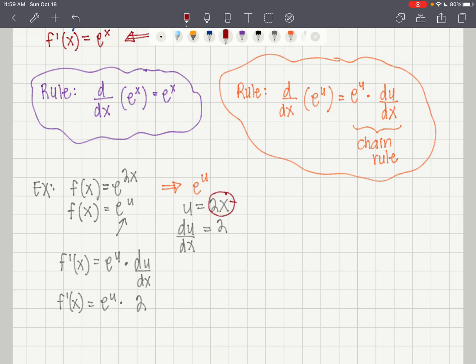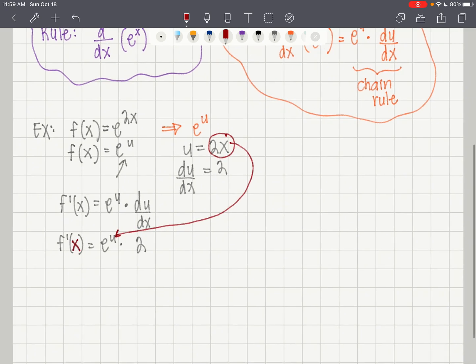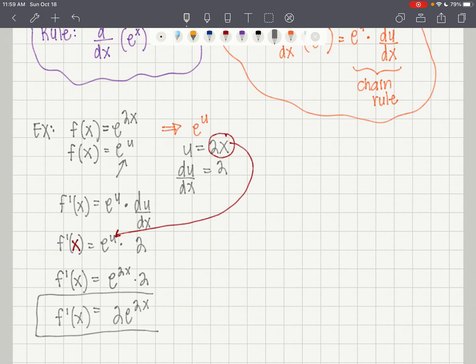We have to substitute this back in because we want it in terms of x. So f prime of x is equal to e to the 2x times 2, which is equal to 2 times e to the 2x. Now that's a lot of work to perform the derivative for such an easy function.